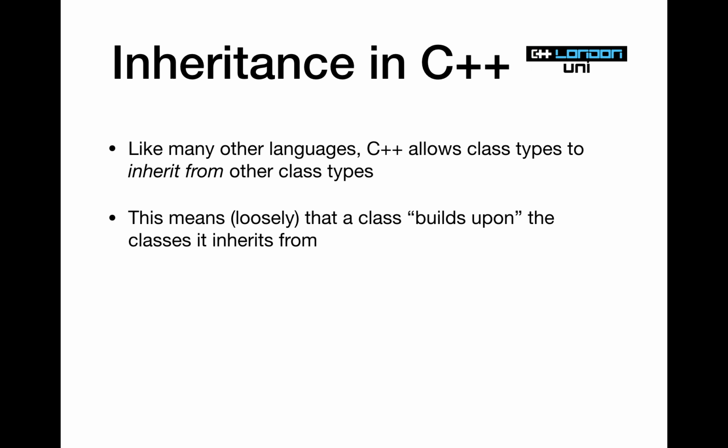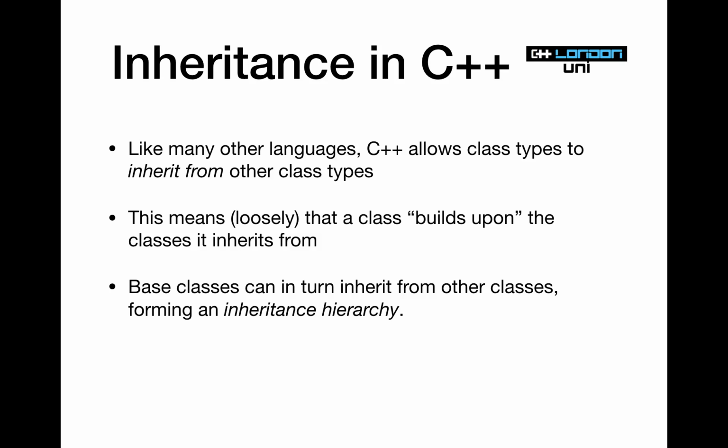But anyway, back to talking about, just in general, what inheritance means. Sort of very loosely, if we inherit from another class, we're building upon that class. We're extending it in some way. So again, very common notion in many programming languages that have notions of object orientation. And when we inherit from a type, we call the type that we're inheriting from a base class.